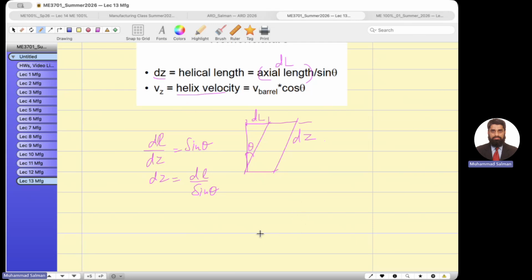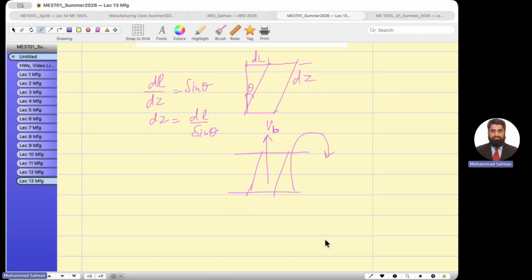What I mean by that is, if this is a barrel, the screw has these two grooves. So you can tell me, Professor, this is the tangential velocity of the barrel. The barrel is spinning like this. Actually, this is not the barrel, but we assume the barrel is spinning.